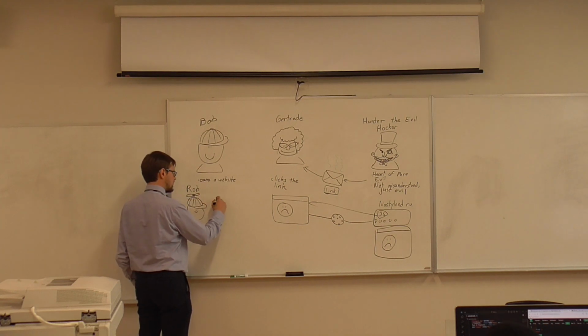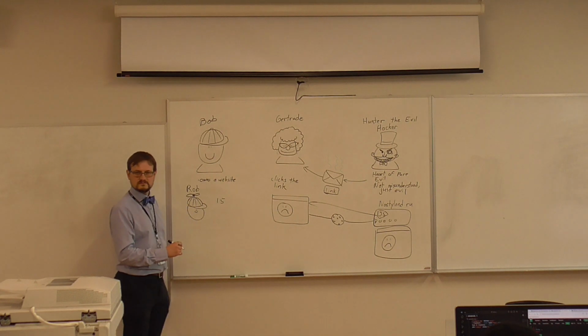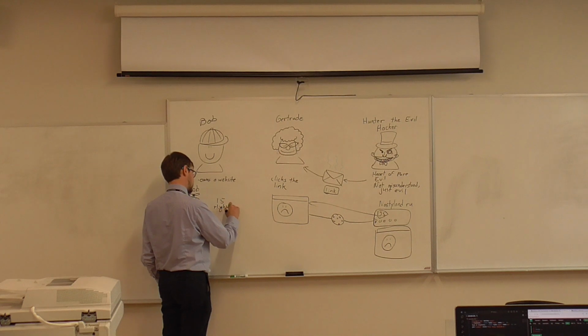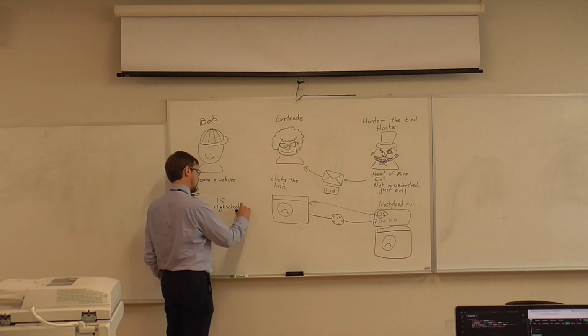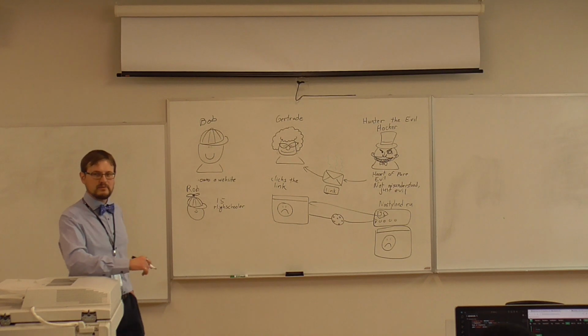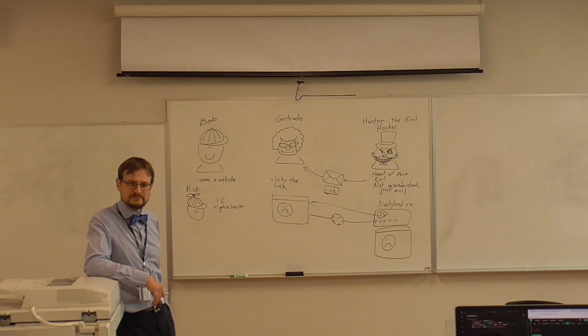Rob, who is a 15-year-old high schooler, who knows a little bit of code, enough code to be able to cobble together a website, but not enough to make it secure.